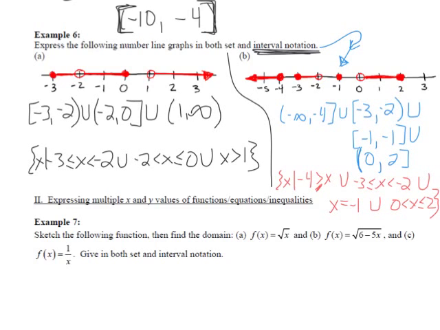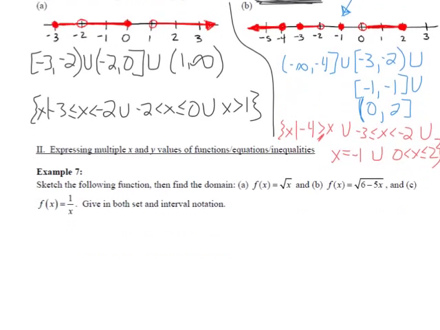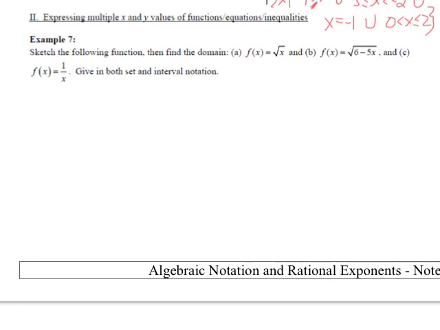Okay, finally, the application of these. Now that we've become masters of interval and set notation, let's see how it might show up in a problem. Example 7. Sketch the following function, then find the domain. So we might remember that the square root of x looks something kind of like this.